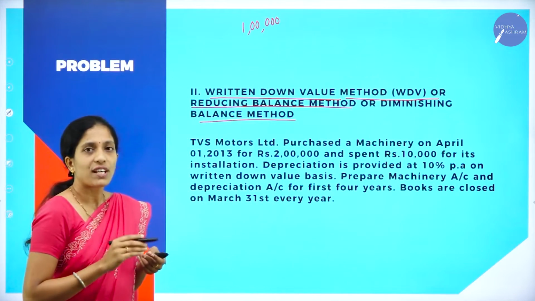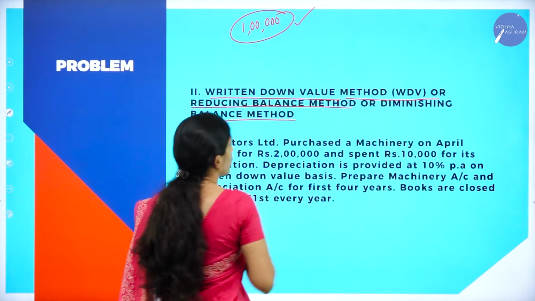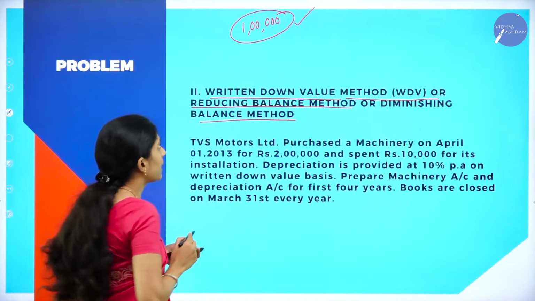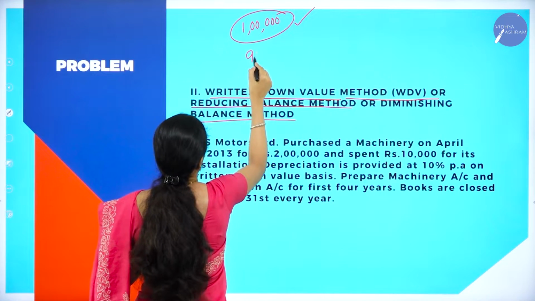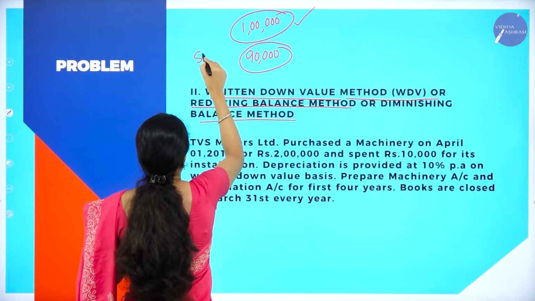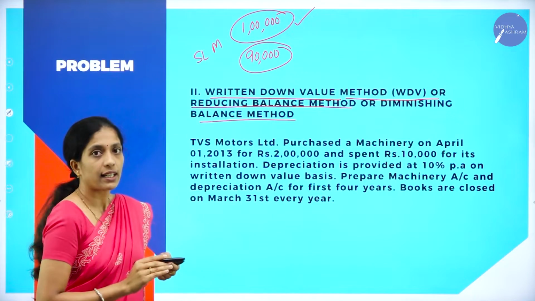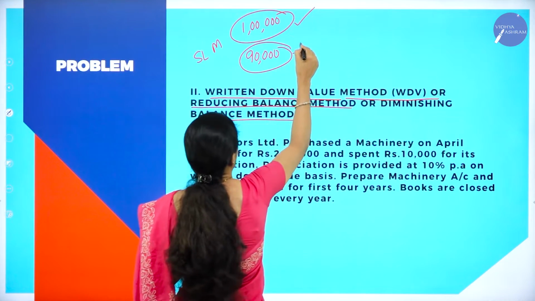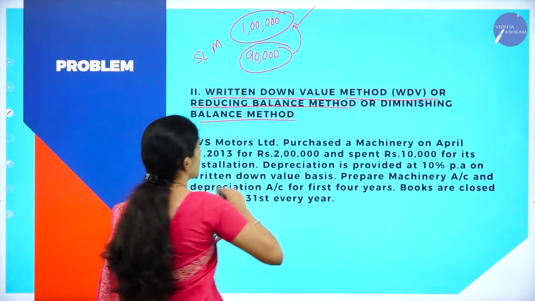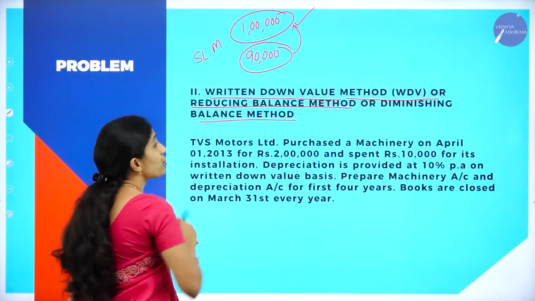In the first year we are going to calculate on this 1 lakh itself, that is on original cost. Now in the second year, suppose the value has been reduced to 90,000. Under straight line method, we are not going to calculate on the reduced value; in the second year also we are going to calculate on this original cost itself, that is on 1 lakh.